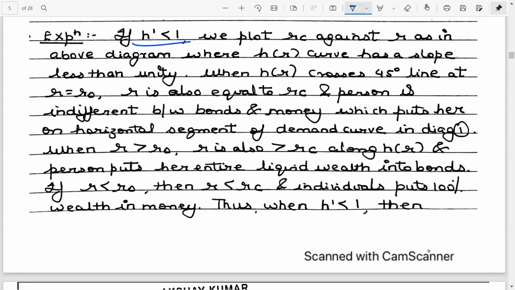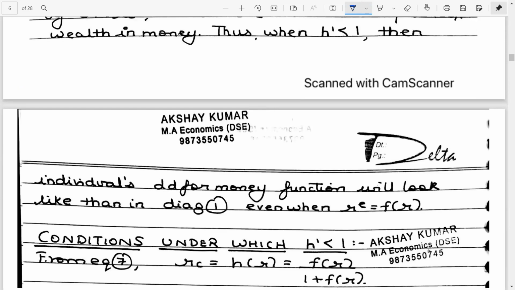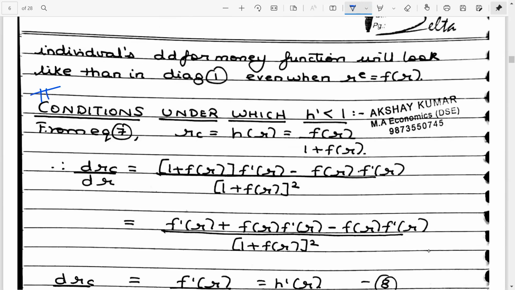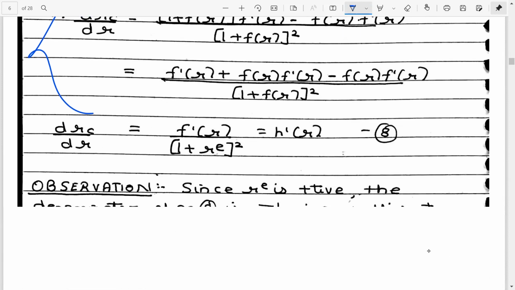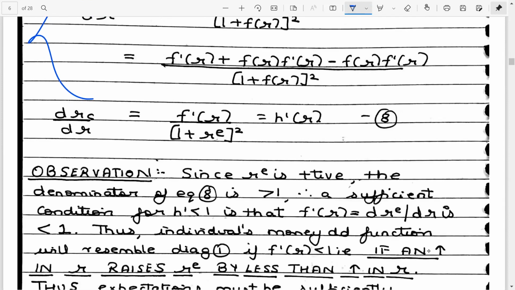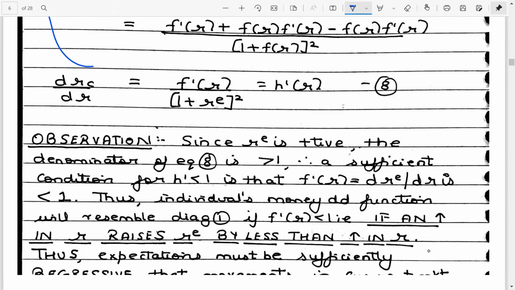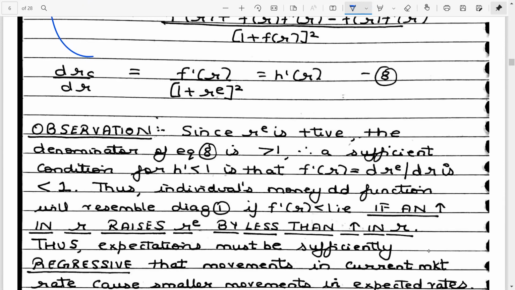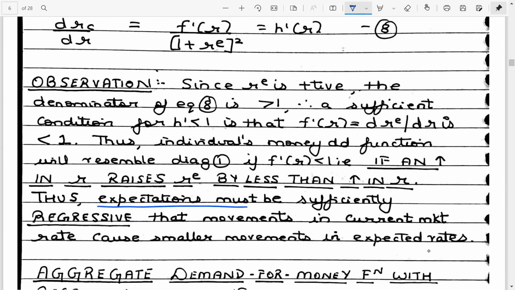And then on the whiteboard, we have discussed all the explanation properly, and we have also seen the condition under which h dash is less than 1. I have done the whole algebra in my lecture note also, which I have done on the whiteboard as well for all students. You can clearly see that expectations must be sufficiently regressive, that movements in the current market rate, which is r, cause smaller movements in the expected rate re.